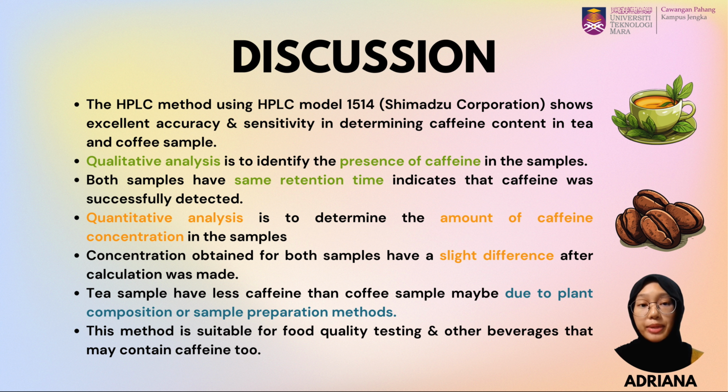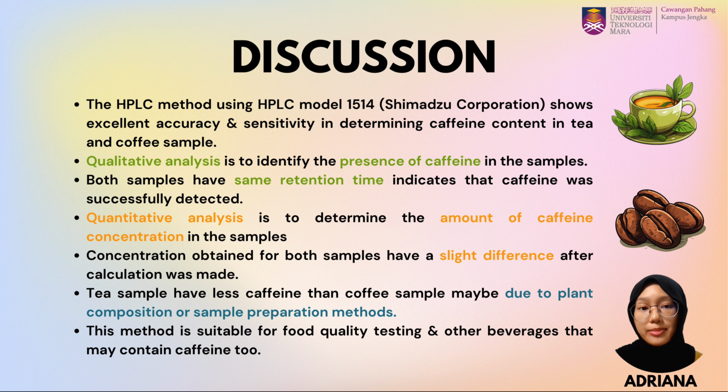The difference in peak areas between the two samples corresponds to their different caffeine concentrations, with coffee having slightly higher caffeine content than tea. In conclusion, the HPLC method proved to be effective in both the qualitative and quantitative analysis of caffeine content in tea and coffee samples.